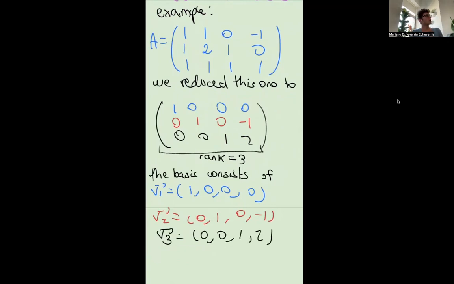So that is the basis of row of A, just to emphasize.